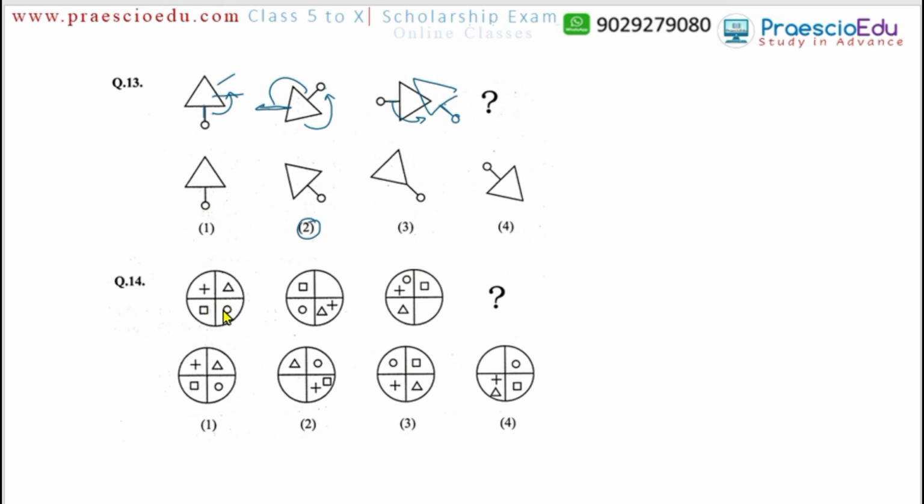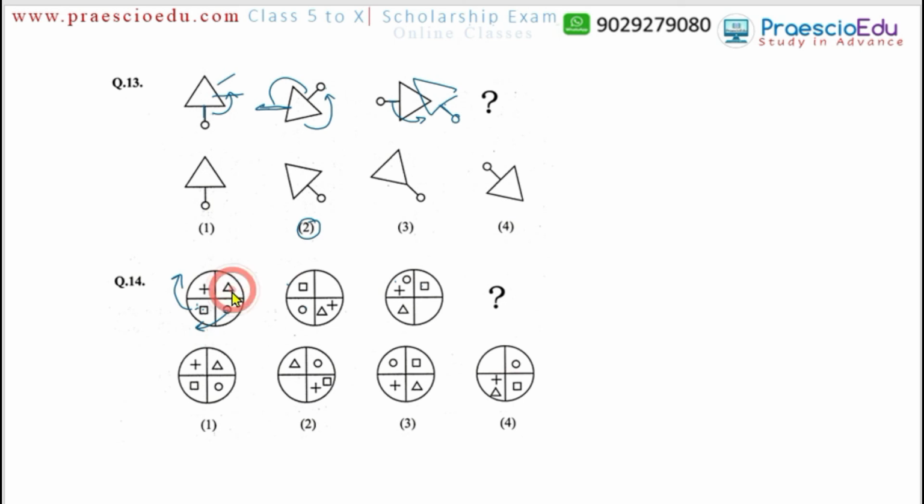Here this square is there. After this one the square rotates in this direction, which means the square is rotating in a clockwise direction. Then this circle is also moving here and here, so the circle is also moving clockwise.